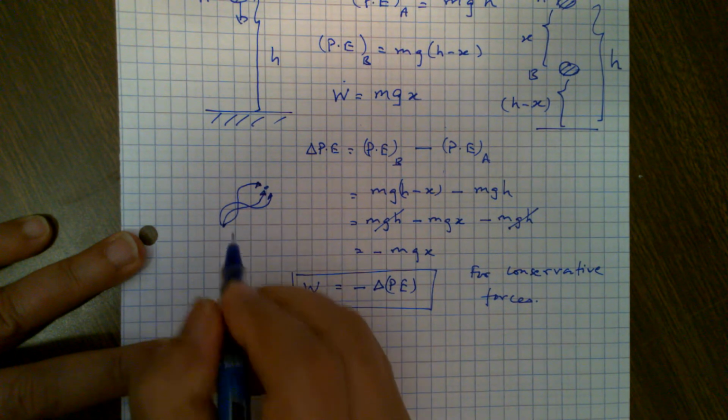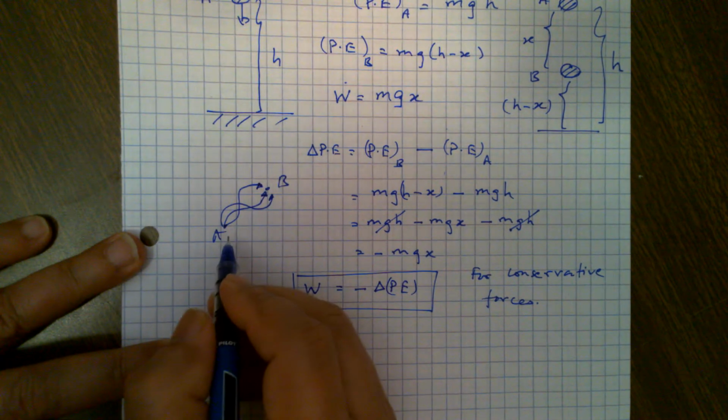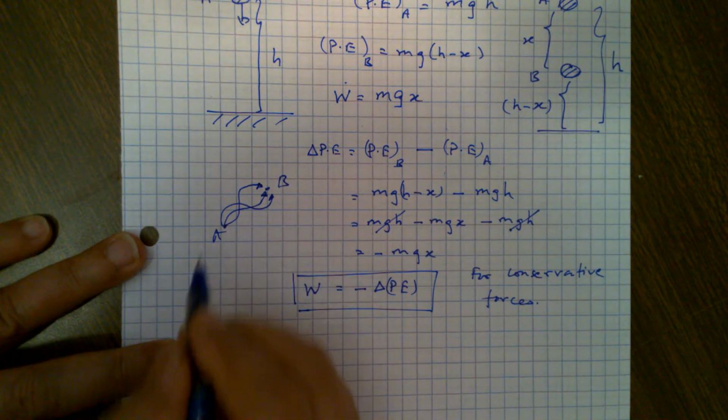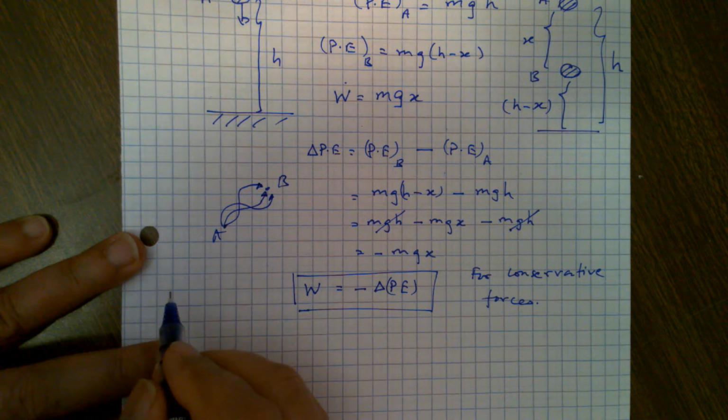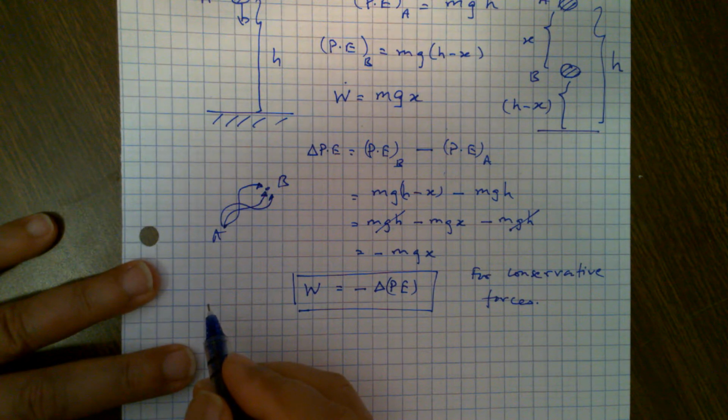So the work done to go from point A to point B is independent of the path that you choose. Then that type of force is called conservative force. So gravitational force is one of them, and electric force is also one of them. It's also a conservative force.